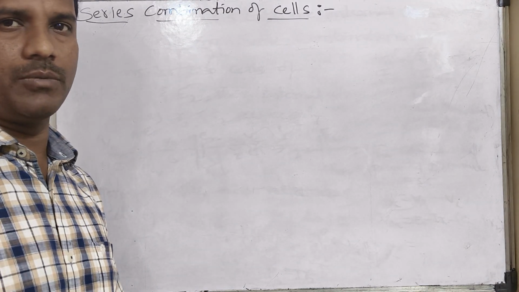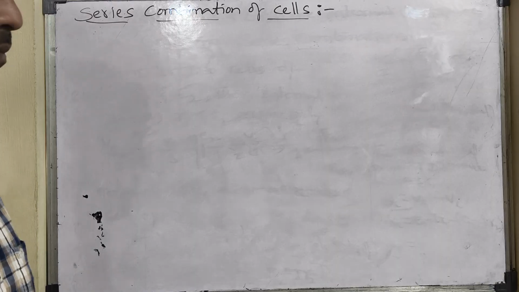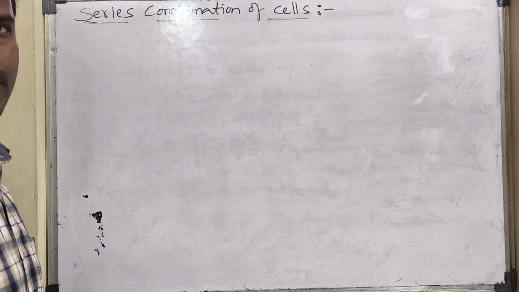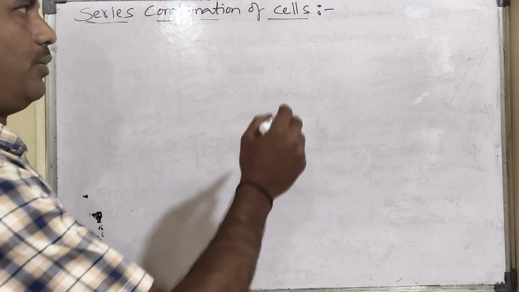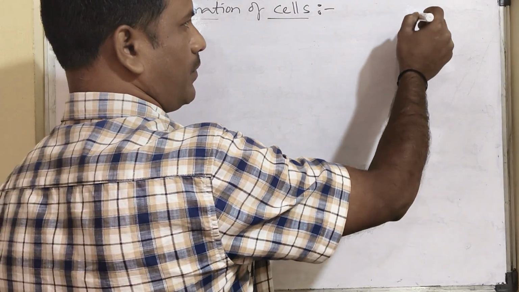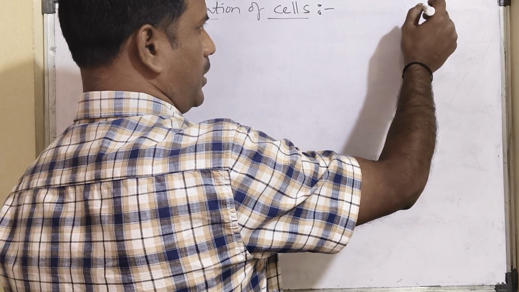Today we are going to discuss the series combination of cells. First of all, we want to know what is meant by a cell. A cell is a two-terminal device.